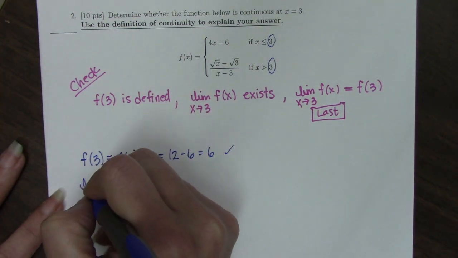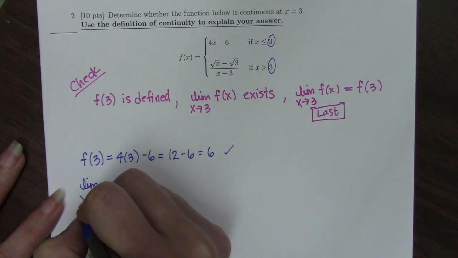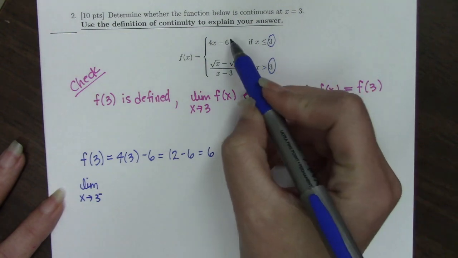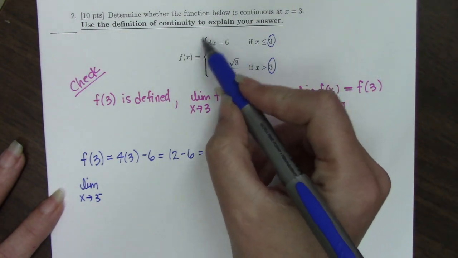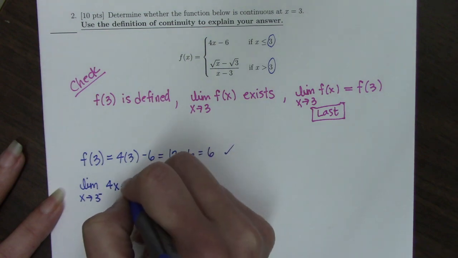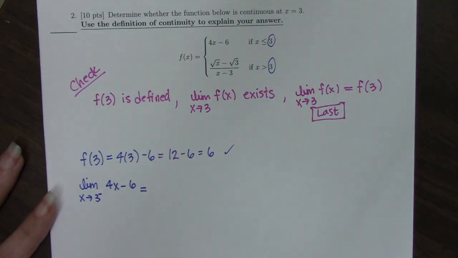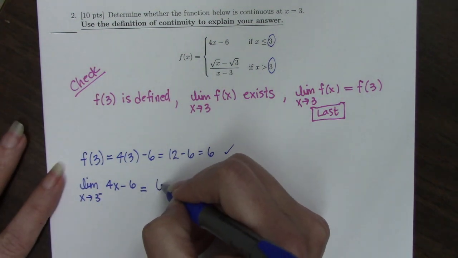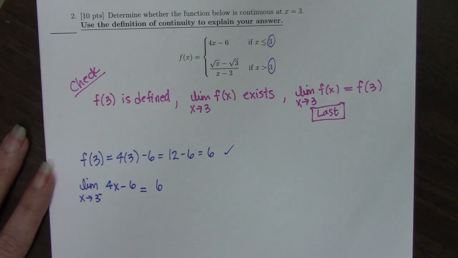So I'm going to check the limit as x approaches 3 from the left, and that means the equation I plug into my limit is this equation. Well, this is the very same equation I just plugged f of 3 in, and this limit could be done with direct substitution, so we can see that we're going to get 6.